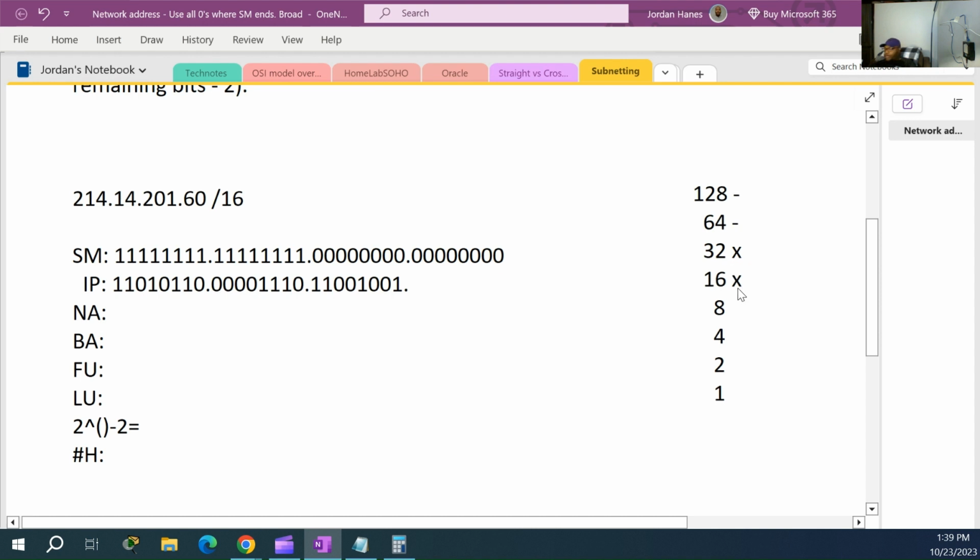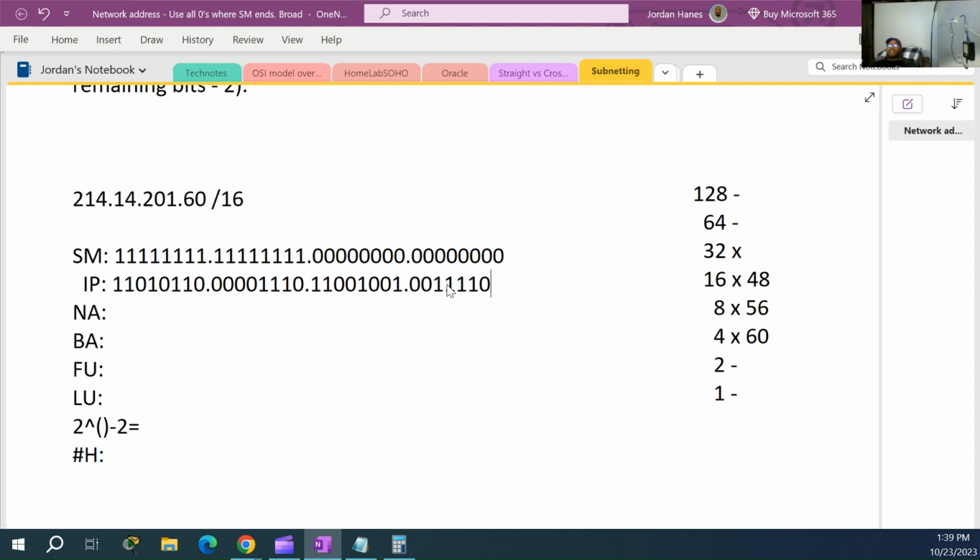And 48 plus 8 will give us 56. And we just need 4 more. We'll count the 4. That'll give us our 60. And then we'll put dashes for the numbers we don't need. So the binary representation of 60 is 00111100.